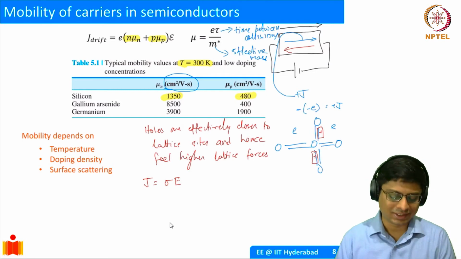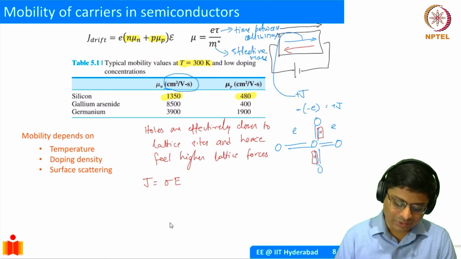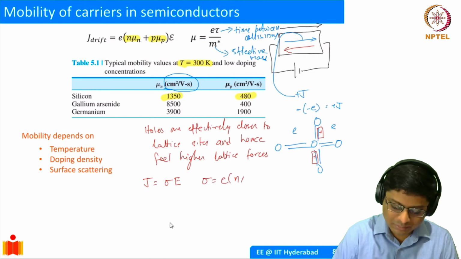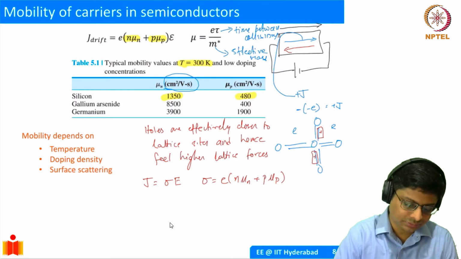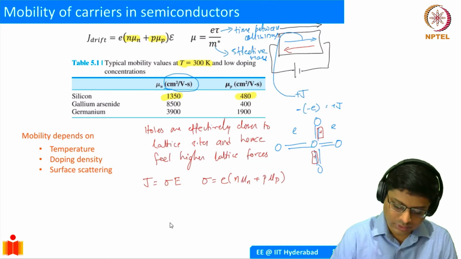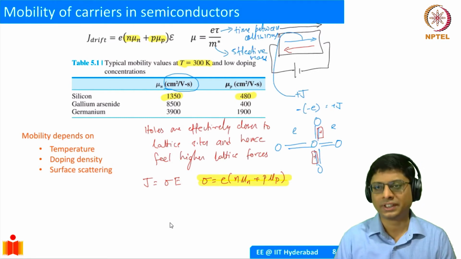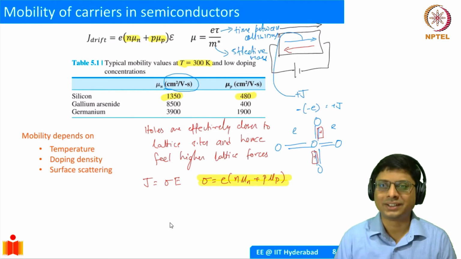I leave that to you as an exercise. From this, it implies sigma is going to be q times n times mu n plus p times mu p. This is your conductivity of a material, and if you know the doping density, you could calculate this.